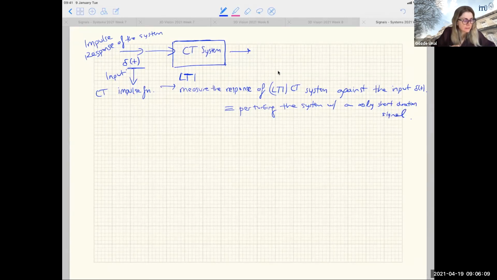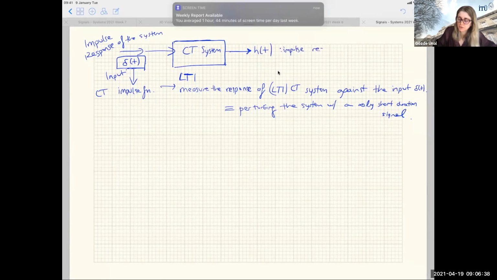Here this is our delta. You can think of it like a canonical input, a standard input. We're trying to push it and then obtain a response with respect to that. And this will be h of t at this point. We are measuring this because I'm giving delta, and this is my impulse response.